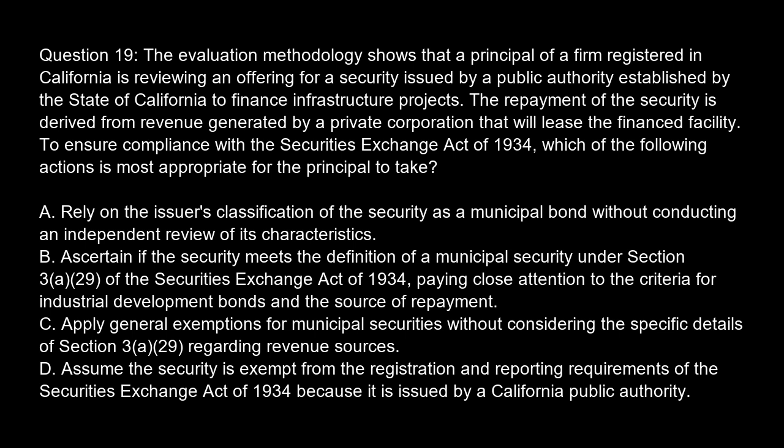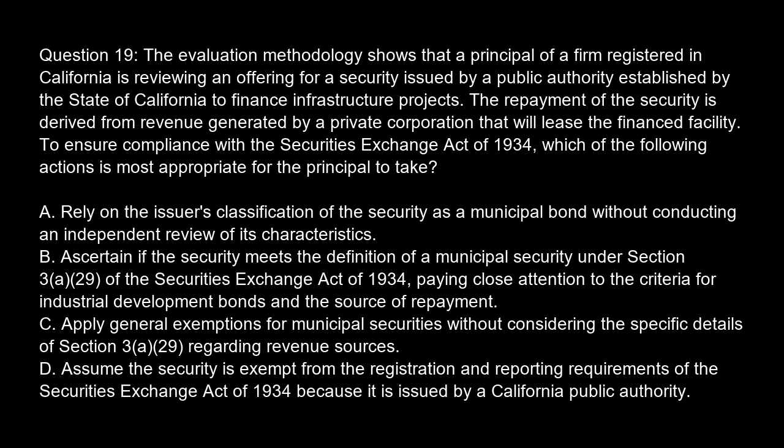Rely on the issuer's classification of the security as a municipal bond without conducting an independent review of its characteristics. Option B. Ascertain if the security meets the definition of a municipal security under Section 3(a)(29) of the Securities Exchange Act of 1934, paying close attention to the criteria for industrial development bonds and the source of repayment.